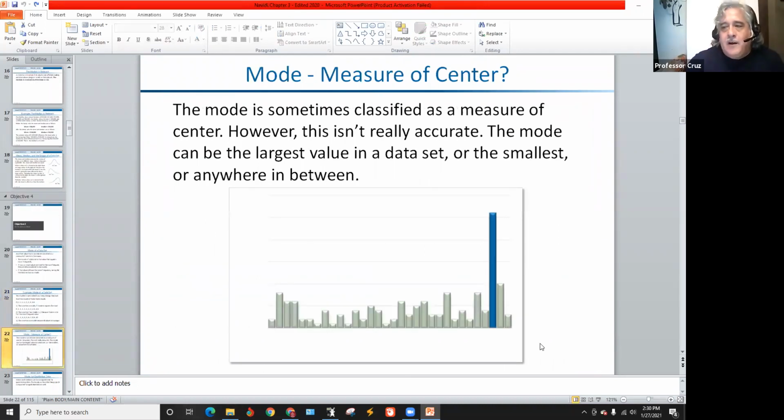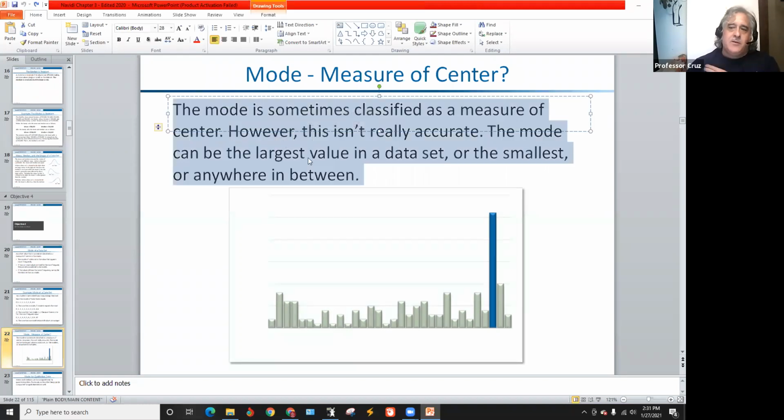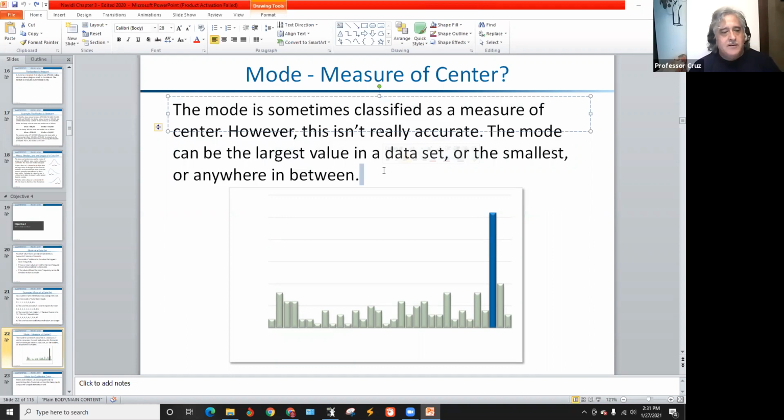I don't really quite understand his logic here about why he's saying it's not a measure of center. He said the mode could be the largest value in a data set or the smallest value in the data set or anywhere in between. And that's true. But you remember that example that we saw over here with the mean and the median.